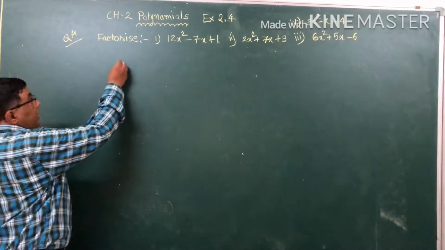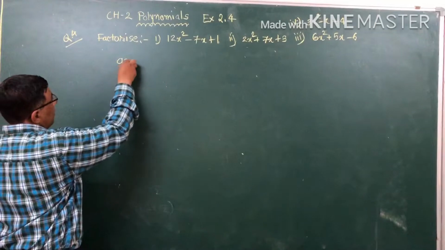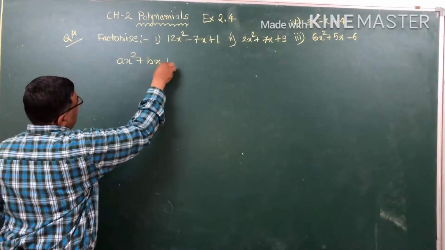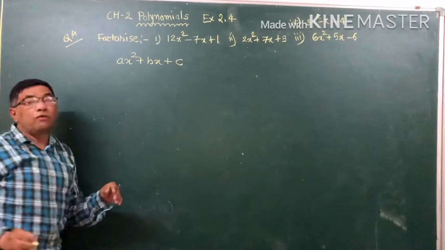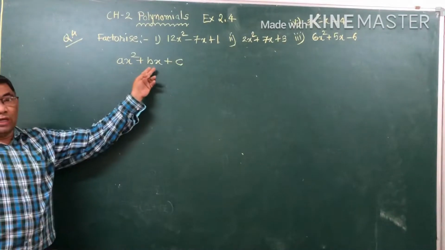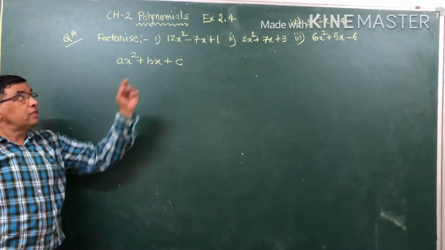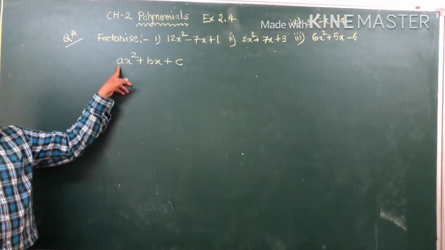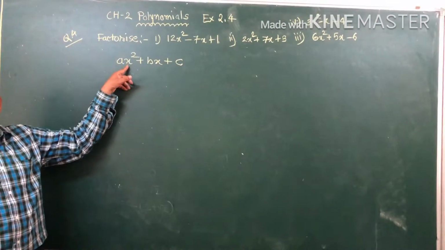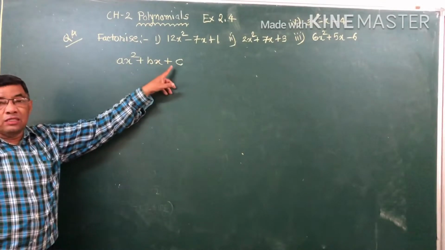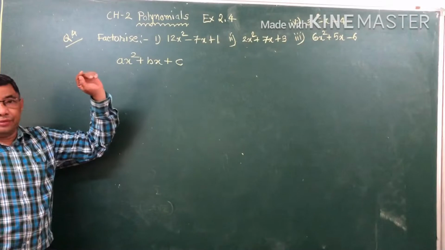If we look at the general form of that question, it is ax square plus bx plus c, where a is the coefficient of x square, b is the coefficient of x, and c is the constant.